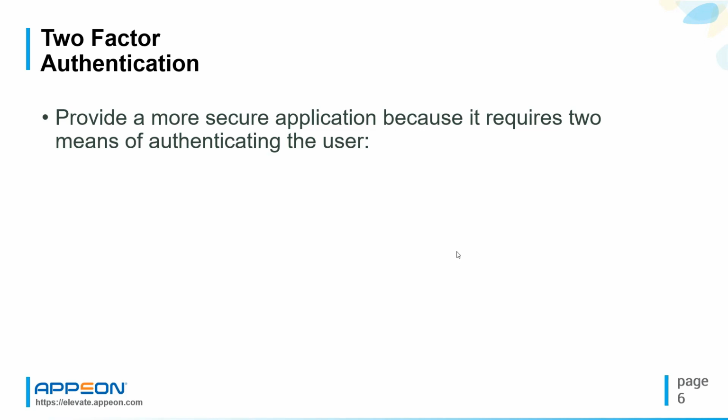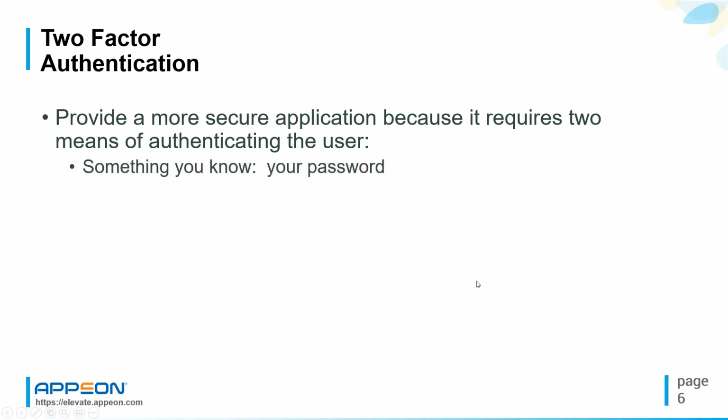So the idea with two-factor authentication is you want to have two different ways of identifying the user, so that a third-party actor who wanted to do harm might be able to get one of the two factors, but the chances they could get both are remote.